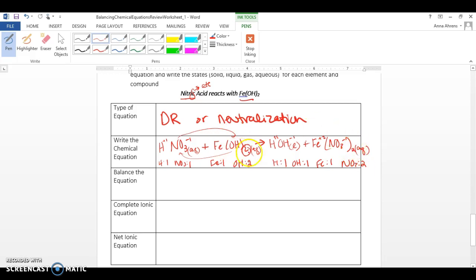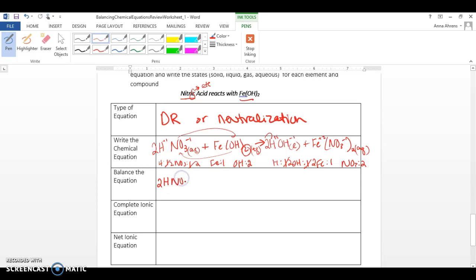Remember, these tell you how many you have. So nitrate, I have 2 on this side and only 1 on this side. Hydroxides, I have 2, so I'm going to go ahead and put a 2 here, so that's going to be 2 hydrogens. Now 2 hydroxides, put a 2 out front here, 2 hydrogens, and 2 nitrates. Now we are completely balanced, so it's ready to go. You can go ahead and write that down here if you would like.